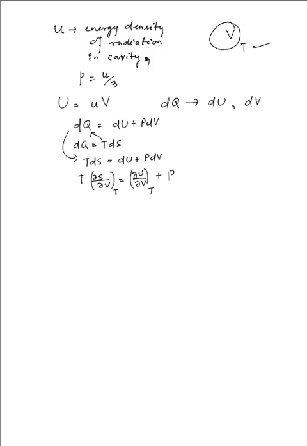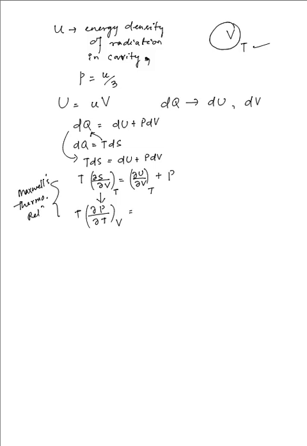And we can use Maxwell's thermodynamical relation over here, where del S by del V goes to del P by del T at constant volume. This is from Maxwell's thermodynamical relation, and the T stays as it is.